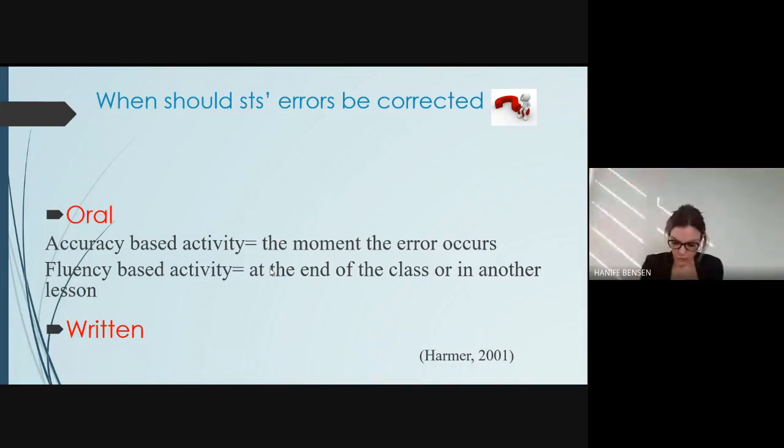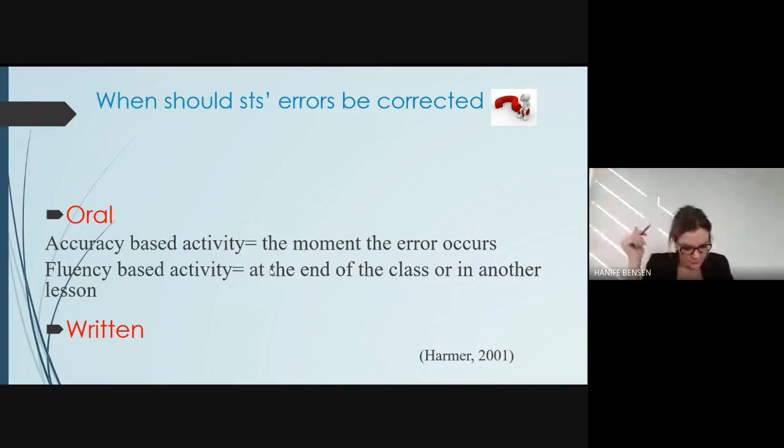Now, when it's with written errors, because it's in written form, obviously it will take more time for you to correct their errors. We can take notes of their errors, especially the ones that are committed the most, and then go back to a session in the classroom and write these errors on the board and discuss and focus on these errors so that they are not committed again.